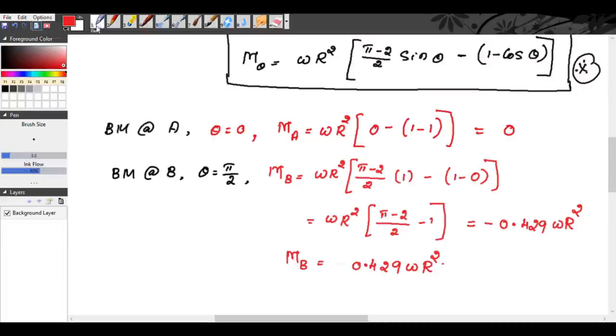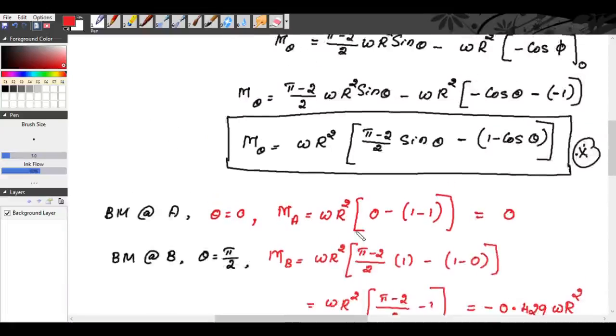So you will write here your bending moment is hogging. Either write hogging or give minus sign. It should be very clear. Now we will draw the variation of bending moment. We know bending moment at A is 0, bending moment at B is hogging. So how can we draw the bending moment diagram?